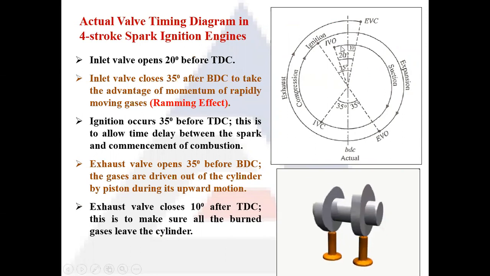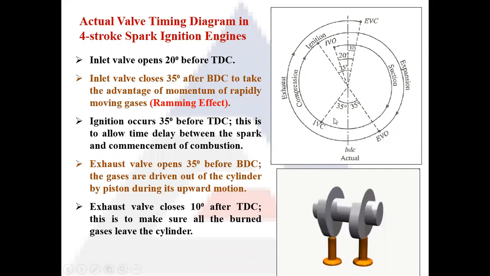So the inlet valve is open for 235 degrees of the crank rotation. So by doing this, we have given enough time so that the maximum air-fuel mixture can accommodate inside the combustion chamber during the suction stroke.